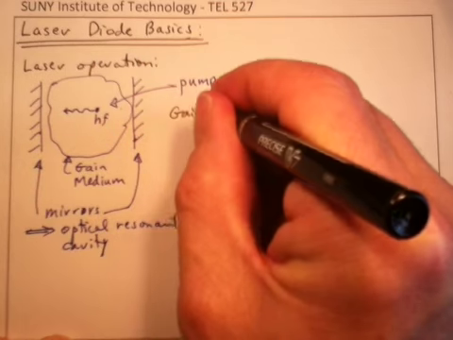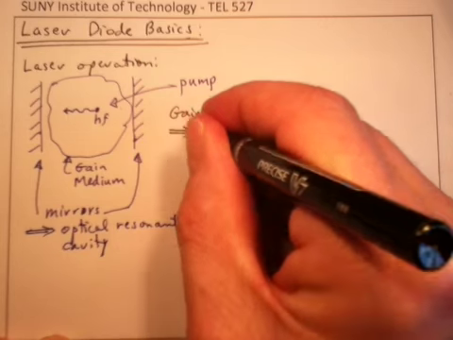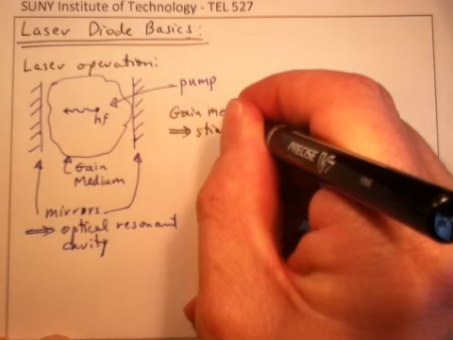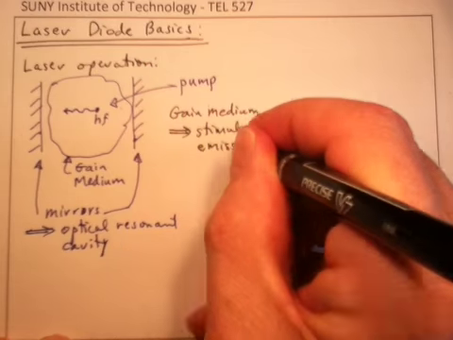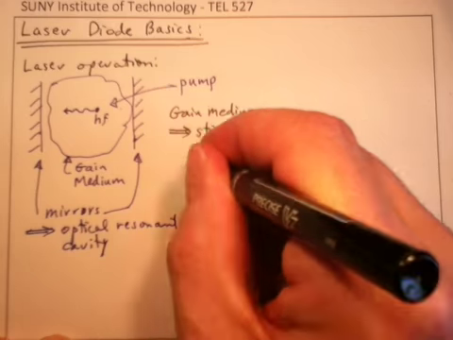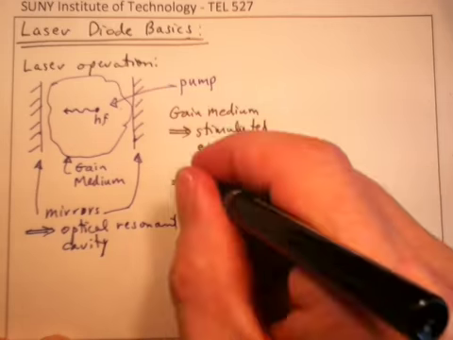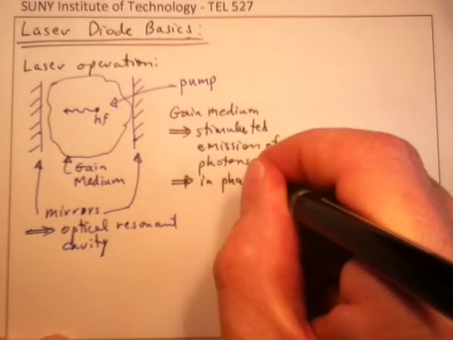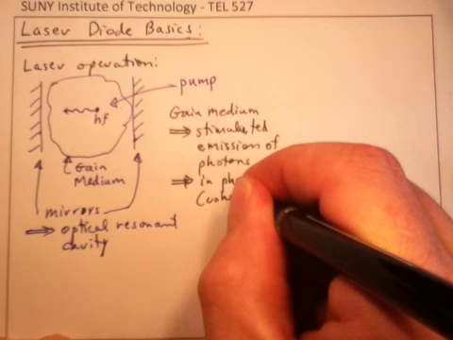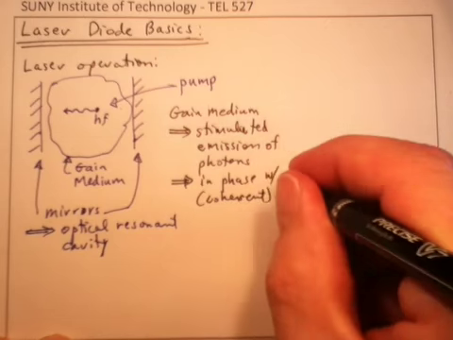So a gain medium implies that we're going to have stimulated emission of photons, and these will be in phase and coherent with the original photon.